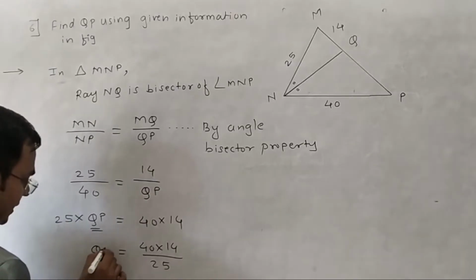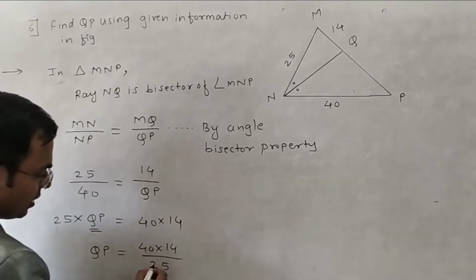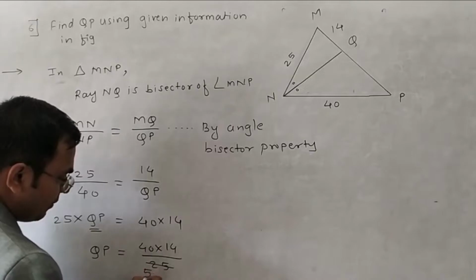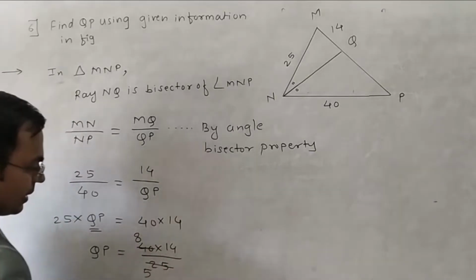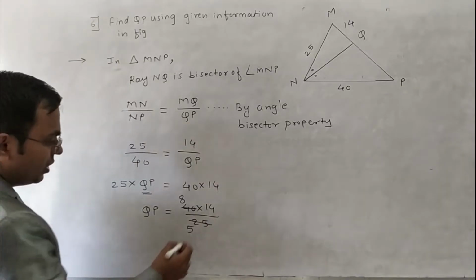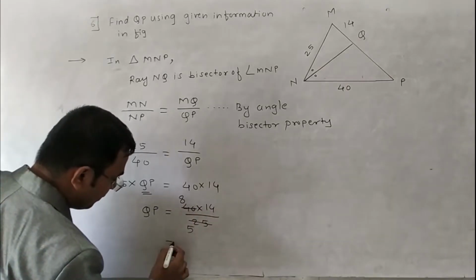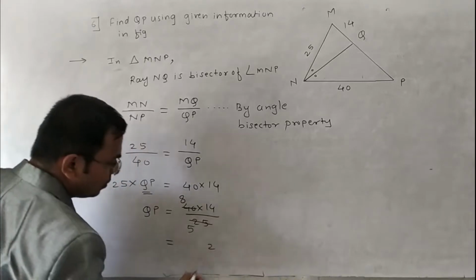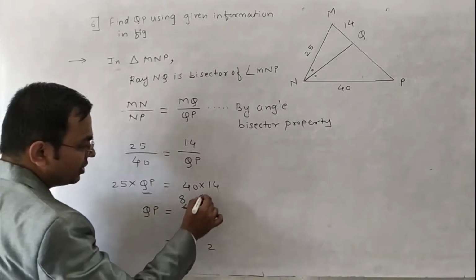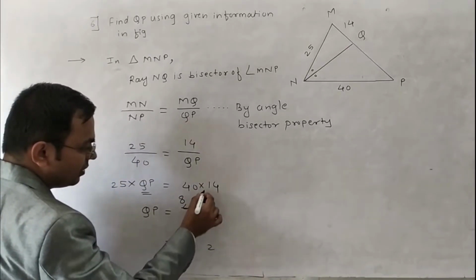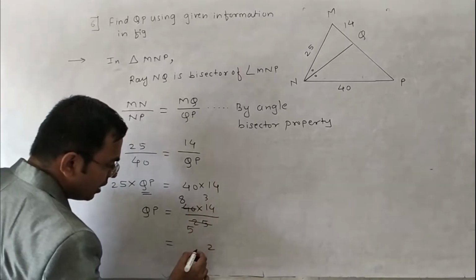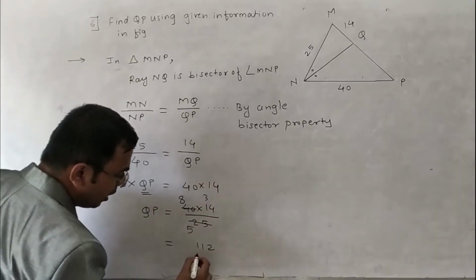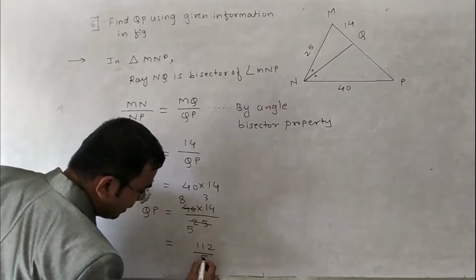So QP as it is. So divide this. 5 5s are 25, 5 8s are 40. Now multiply these two. 8 4s are 32. 2 carry 3. 8 1s are 8 and 3, 11. 112 now. Divide by 5.